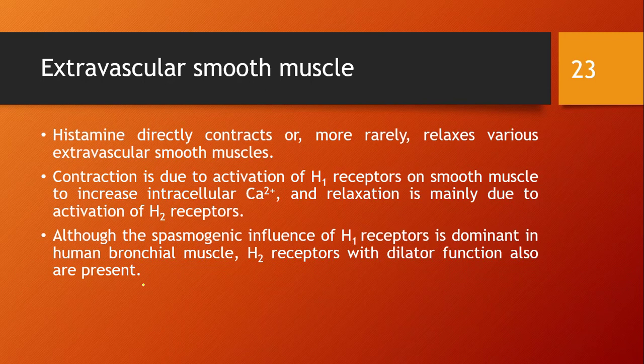Although the spasmogenic influence of the H1 receptor is dominant in human bronchial muscles, H2 receptors with dilator function are also present. Why is the spasmogenic influence of H1 dominant? Solely because the number of H1 receptors in bronchial smooth muscle is greater than the number of H2 receptors.